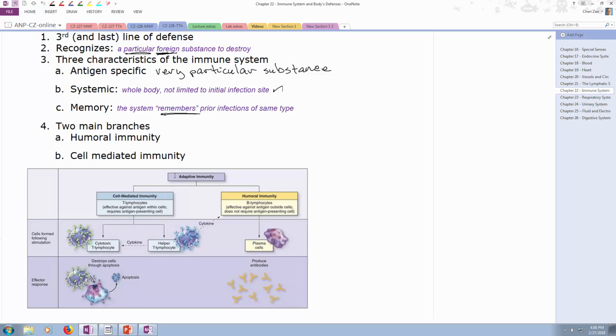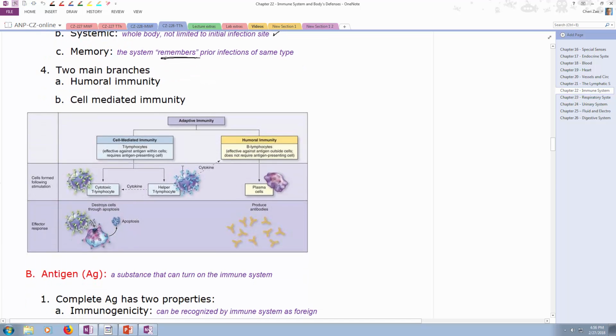So the immune system is fascinating, but it is why you are here. Because without your immune system, you would be like the boy in the bubble. And the boy in the bubble is there because he has no immune system.